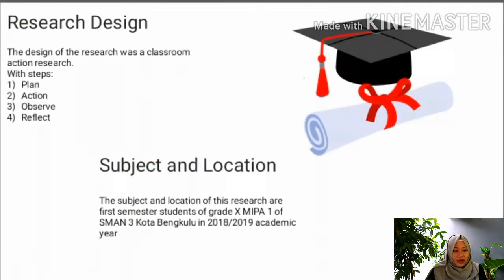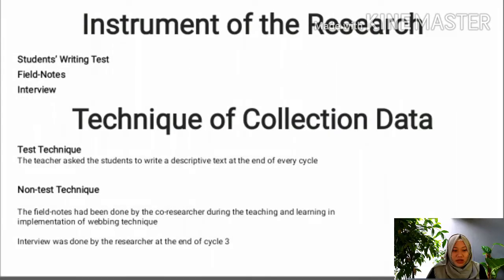addition. The design of this research was a classroom action research with 4 steps: plan, action, observe, and reflect. The subjects and location of this research are first semester students of grade 10 MIPA 1 of SMA Negeri 3 Kota Bengkulu in 2018-2019 academic year.